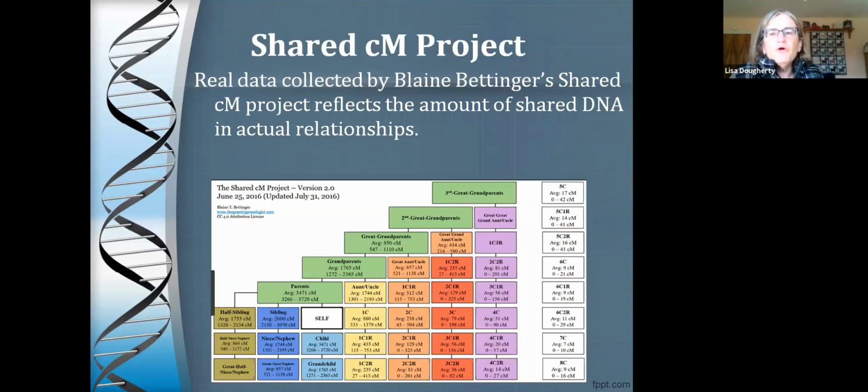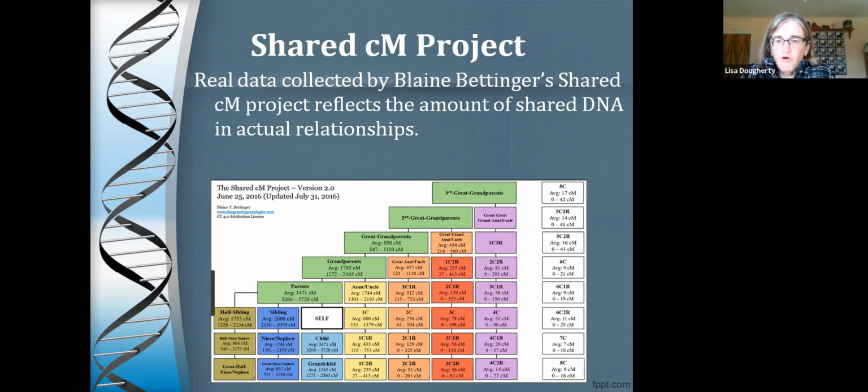So one tool that's an outside tool that we have to help us with this is called the Shared CM Project. This is a database that is made of actual collected data that people have reported about their DNA matches.